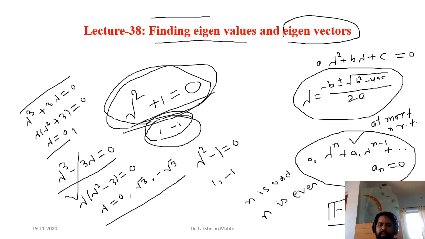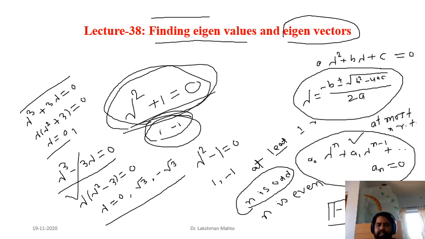So if n is even, there is a possibility that there will be no real root. But if n is odd, definitely at least one real root you will get. That way, if you take a matrix of size 3 by 3, there is a guarantee that you will get at least one real eigenvalue. So at least one real root in case of odd degree.